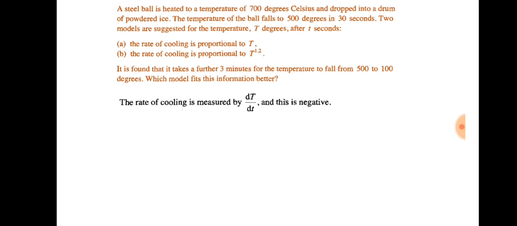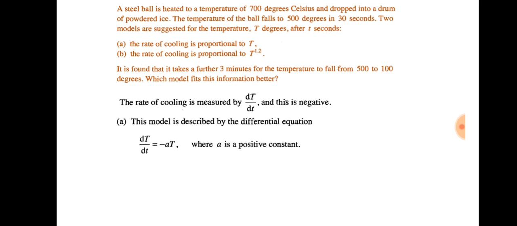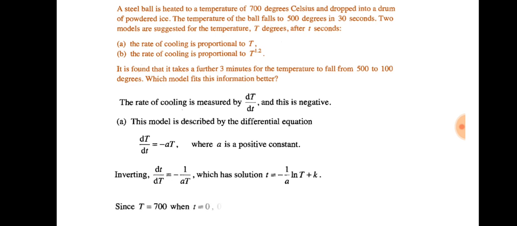The rate of cooling is measured by dT over dt, and this is negative. This model is described by the differential equation dT over dt equals minus a times T, where a is a positive constant. Inverting, we get dt over dT equals minus 1 over aT, which has a solution t equals minus 1 over a log of T plus k.